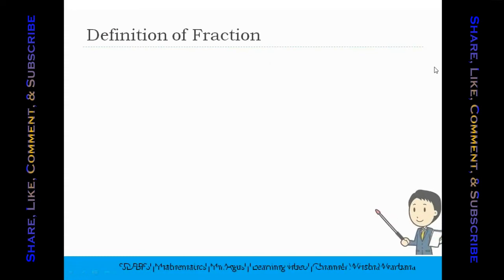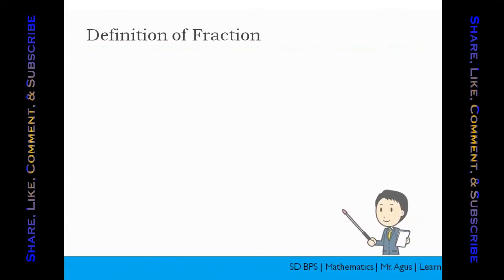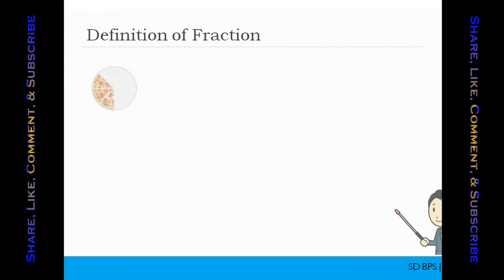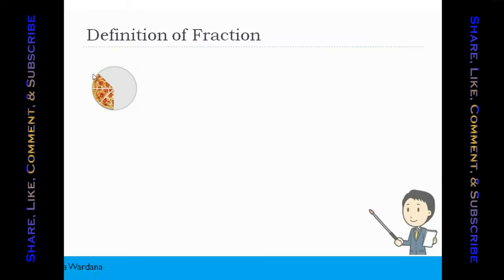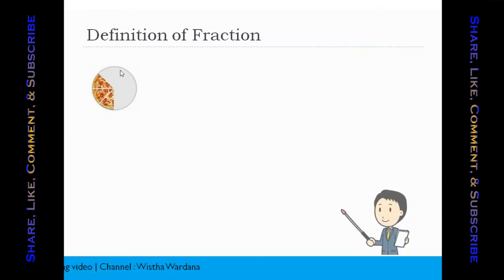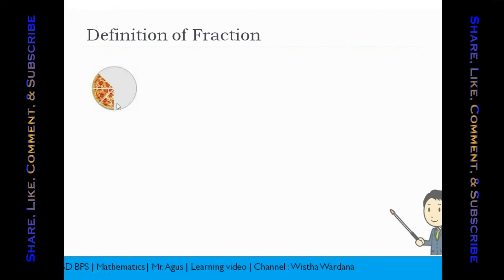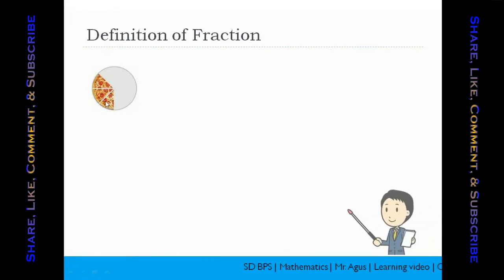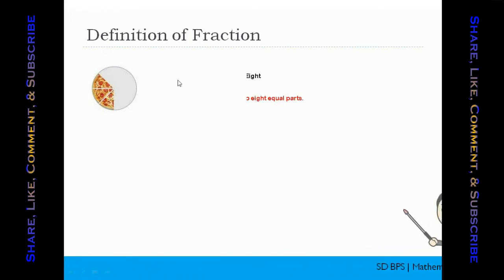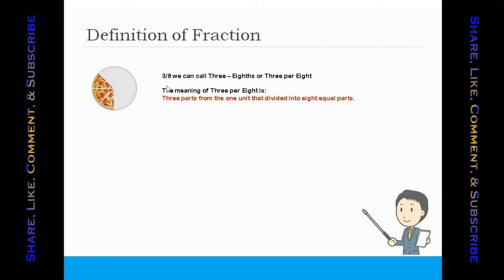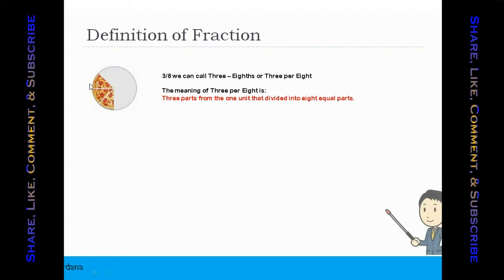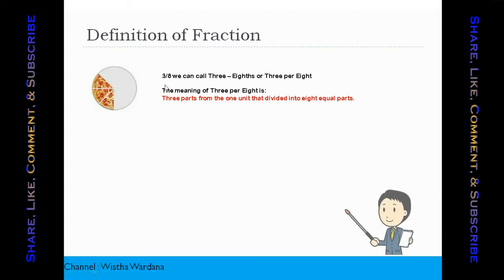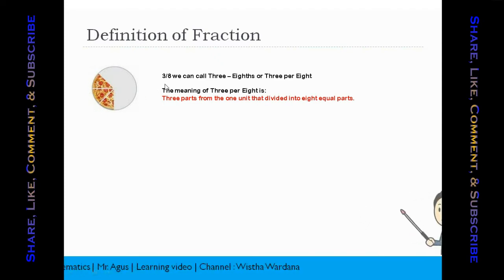The definition of fraction. Okay, we have one pizza divided into 8 equal parts, and we have 3 parts of them. So the fraction based on the figure given is 3 per 8.